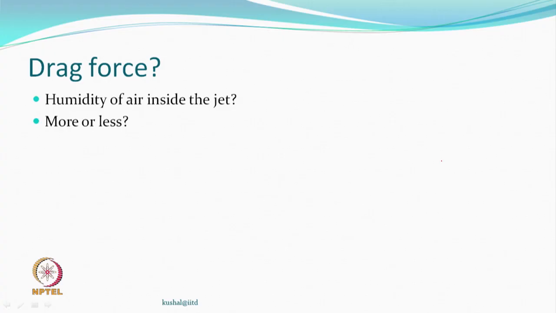And at the exit, some water may actually be sprayed out also. That means some moisture is going to be added to the air which is being pushed inside. So, humidity would increase. The humidity of the air inside the jet has increased.